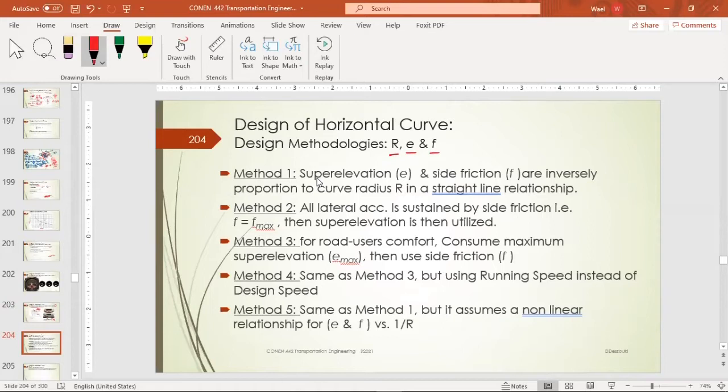So the higher the E and the higher the F, the lower the R, in a straight line relationship. Method 2: all lateral acceleration is sustained by side friction. Sometimes we use method 2 when we don't have the flexibility of having super elevation, or it's not recommended.